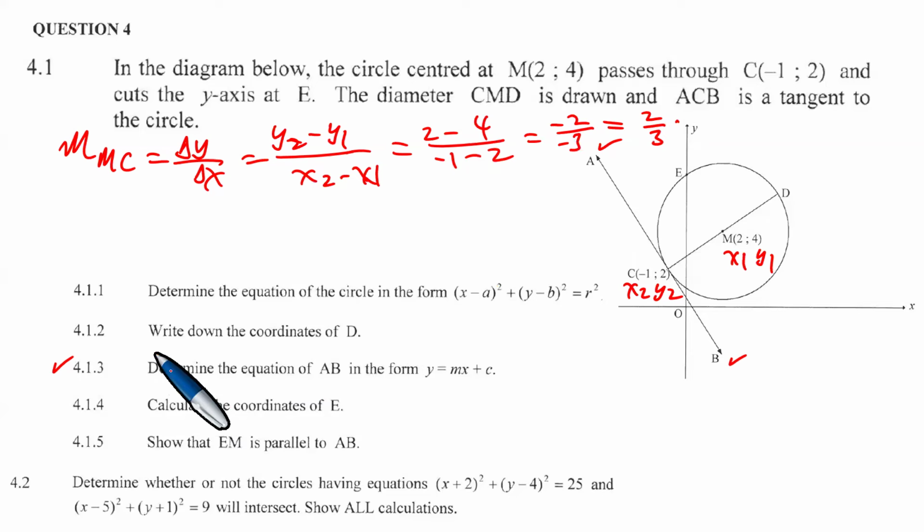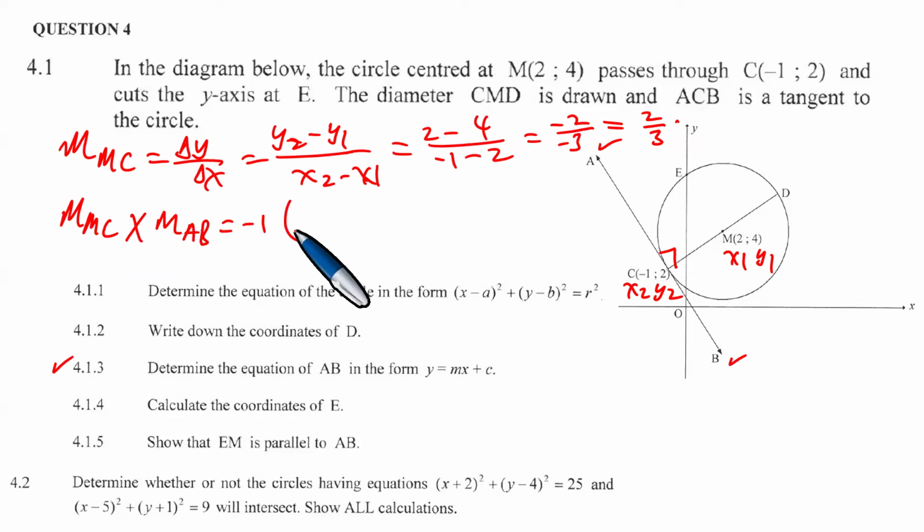Upon a careful examination of this, we have the gradient of the line MC, but MC is perpendicular to the tangent to the circle, so that the gradient of MC multiplied by the gradient of AB is -1.